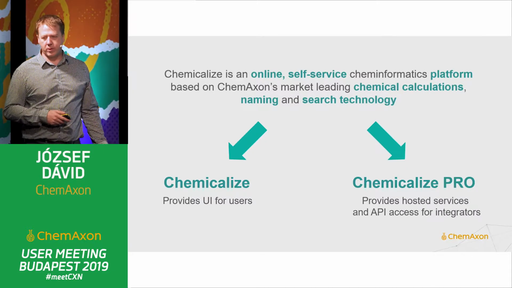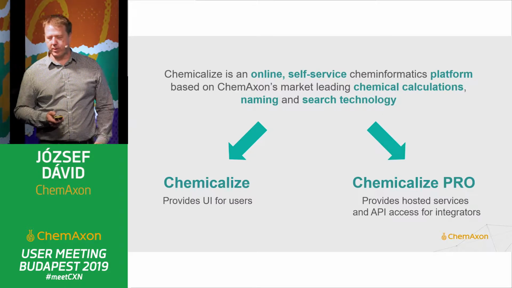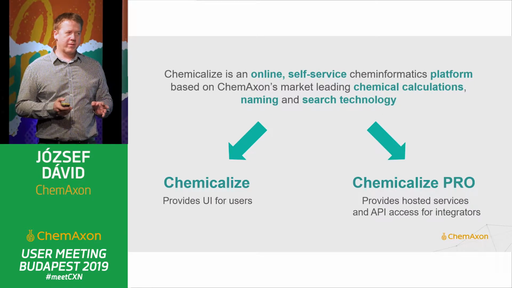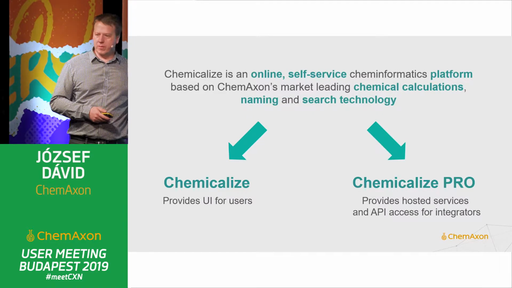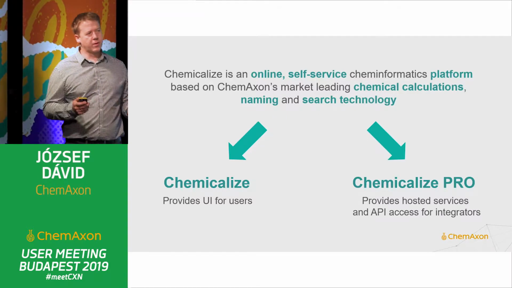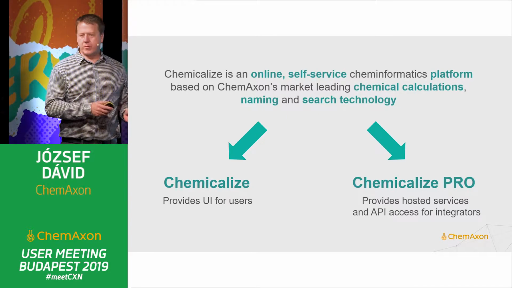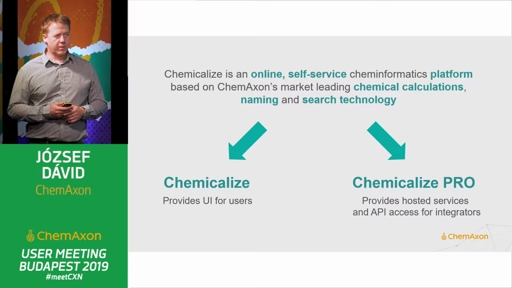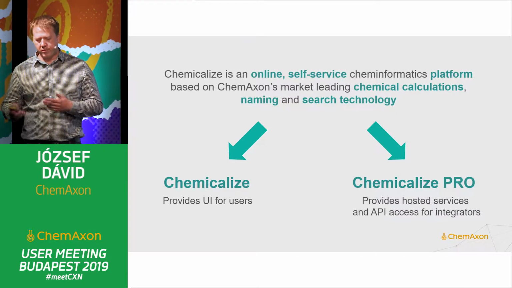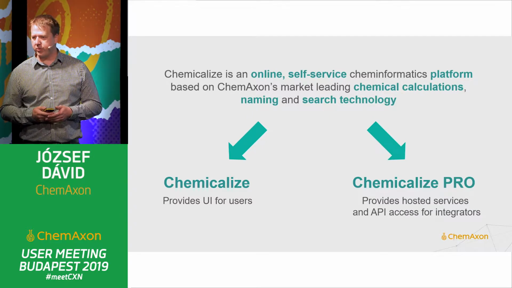One we call Chemicalize, and the second we call Chemicalize Pro, which stands for Chemicalize Professional. The main difference is that Chemicalize is a user interface oriented application, aimed at a different user segment. I will talk about that a little bit later, while Chemicalize Pro is more for automated workflows.